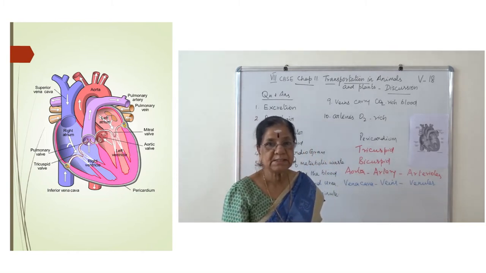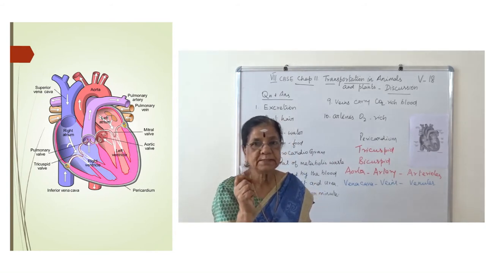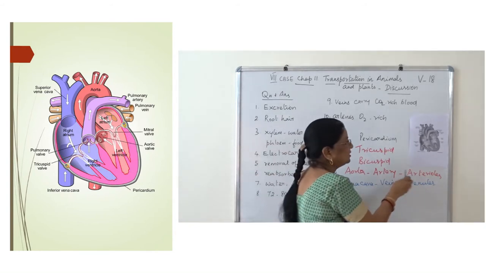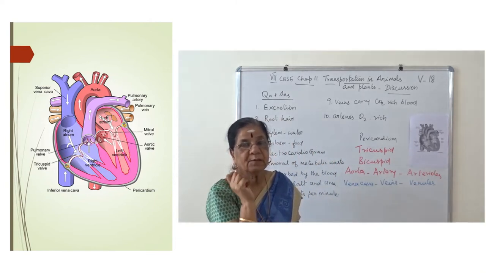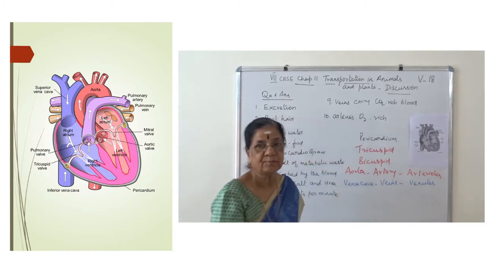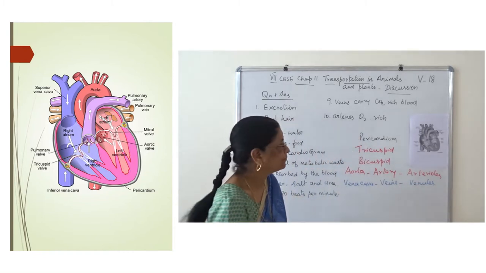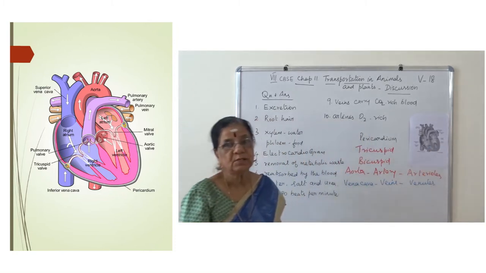I hope you understand this. So the arteries end in fine capillaries called arterioles. In the same way, veins end in fine capillaries called venules. Are you clear? So these are forming the structure of the heart.